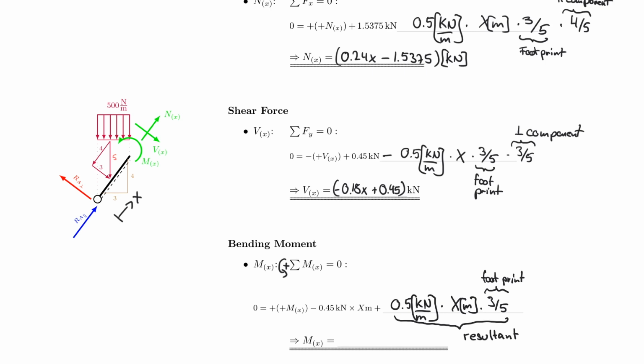And so now we need a lever arm, right? And the lever arm also must be dependent on x. So x in meters, but again, x is along the beam, but we need only the footprint of that. So times 3/5. And now times 1/2, because the lever arm is always acting in that half distance.